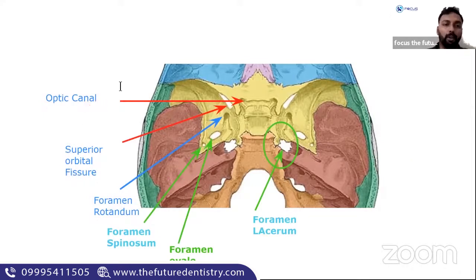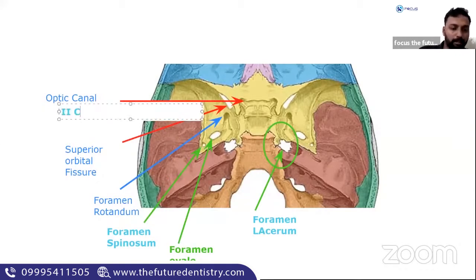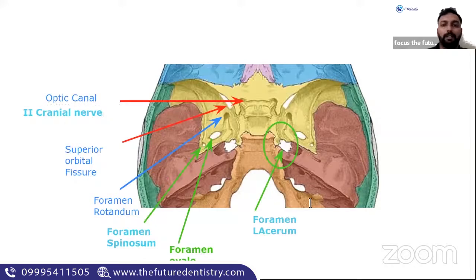So this has the second cranial nerve going through it. What about the first cranial nerve, did we study it? That is olfactory. Yes, very good, Shubham. Olfactory goes out through the anterior cranial fossa.